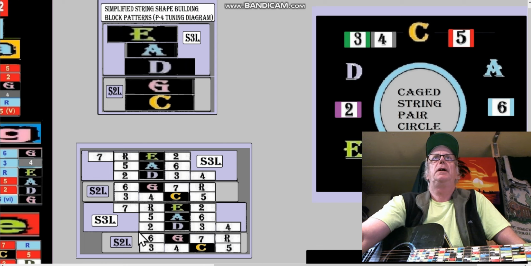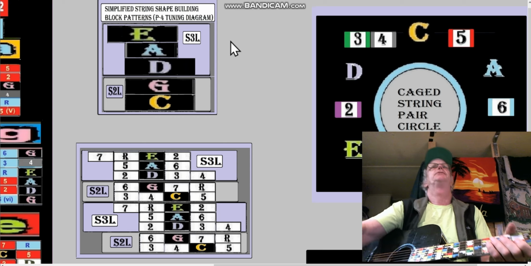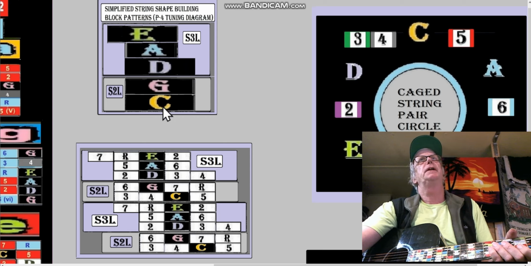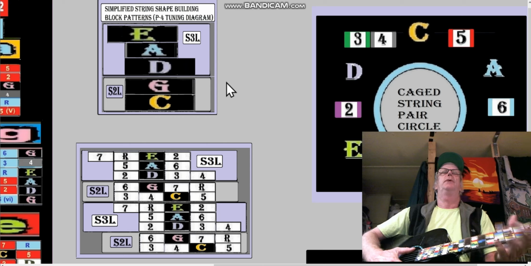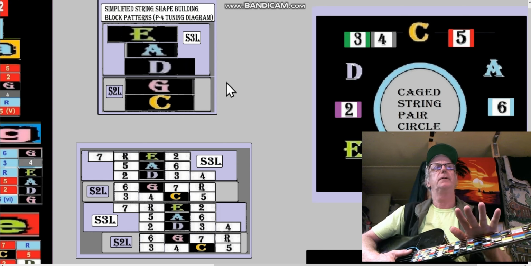This is an S2L here. Look at that as just the two letters there, C and G, and look at an S3L as DAE. So no matter where I start, I just remember the letters C and G. So S2L, C and G, no matter where S2L is.